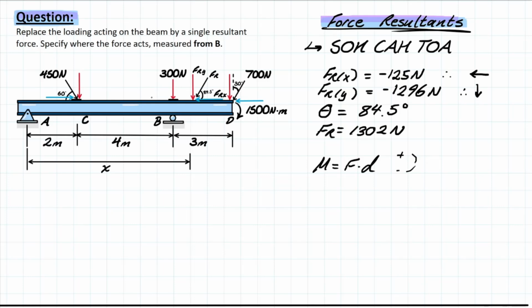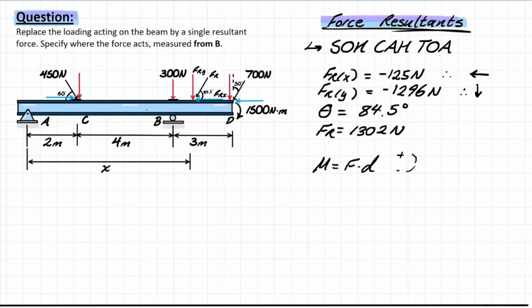So depending on which side you're taking, and if your reference is B, your signs are going to be a little bit weird. So it's easier to take it about A, and then you can guarantee that your resultant force is going to be creating a negative clockwise rotation.